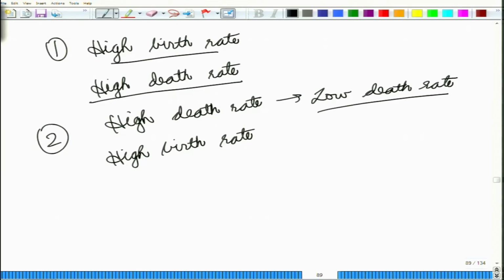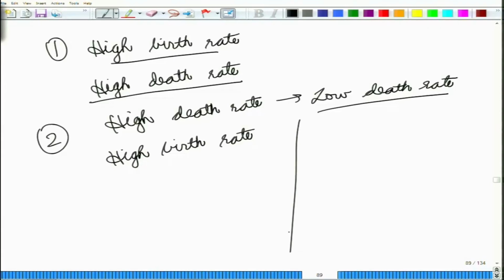Now, if that is the situation, you have a low death rate and a high birth rate. So, in that case you have a number of individuals being born in this population, but because the death rate is low, a number of them are also able to survive and reproduce further. When that happens, you see the classical case of an exponential rate of population increase.